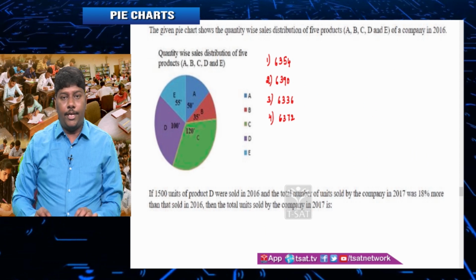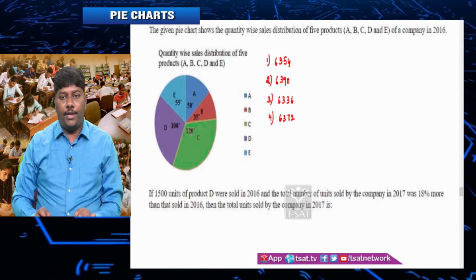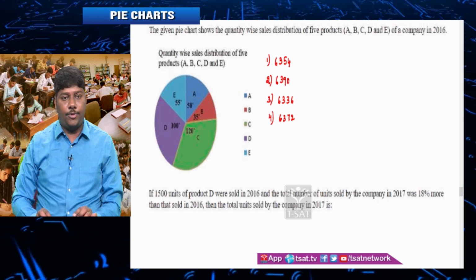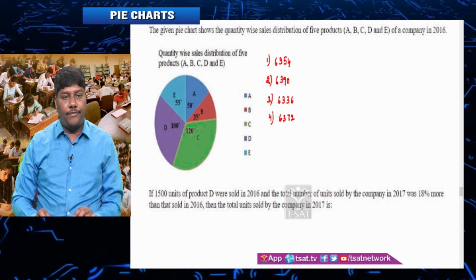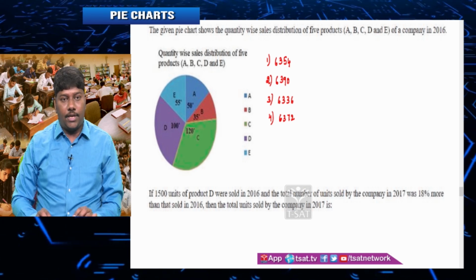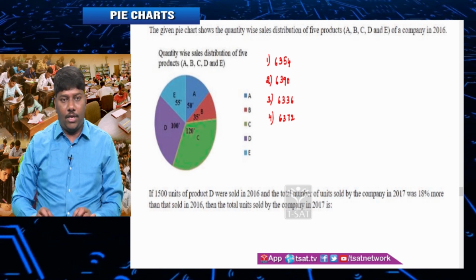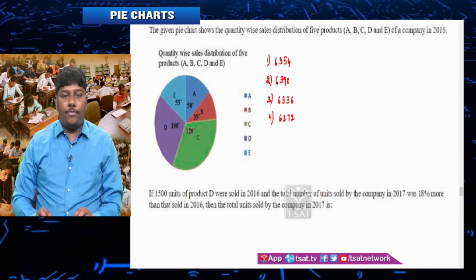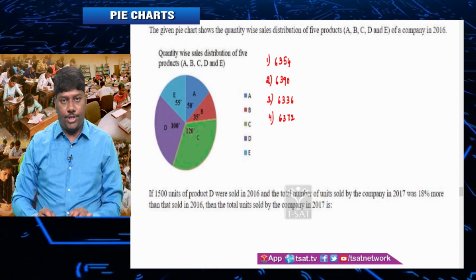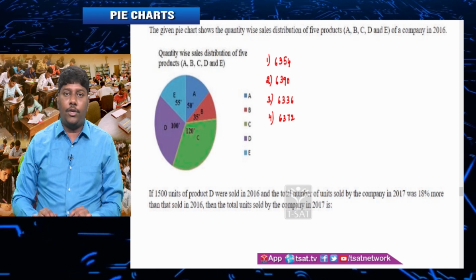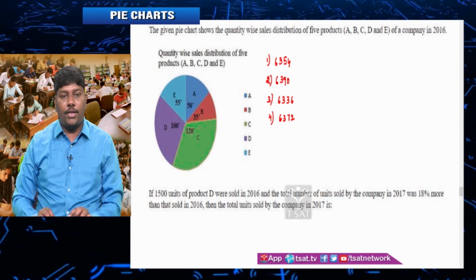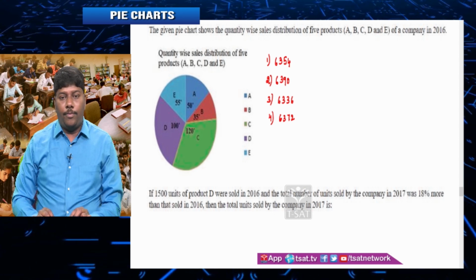The pie chart shows the quantity wise sales distribution of 5 products A, B, C, D, E of the company in 2016. A is 50 degrees, B is 35, C is 120, D is 100 degrees and E is 55 degrees, given in the graph. If 1500 units of product D were sold in 2016, D is 100 degrees. That 100 degrees is 1500 units sold by the company.